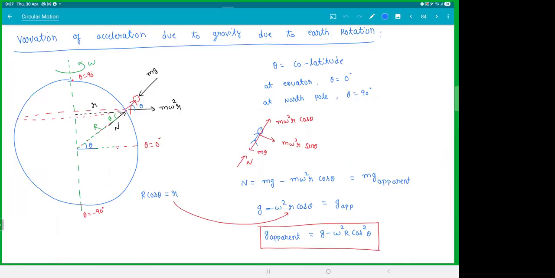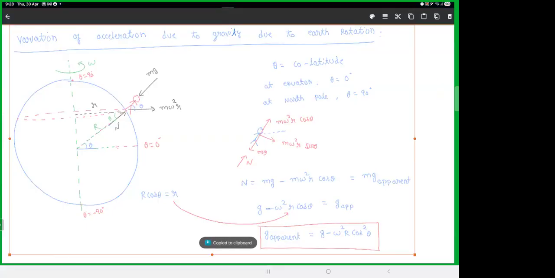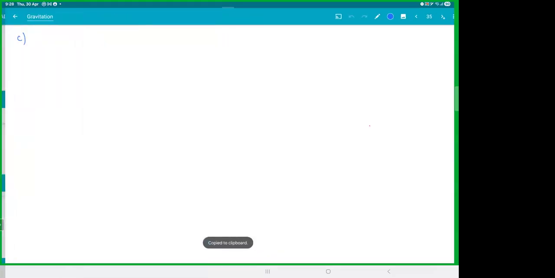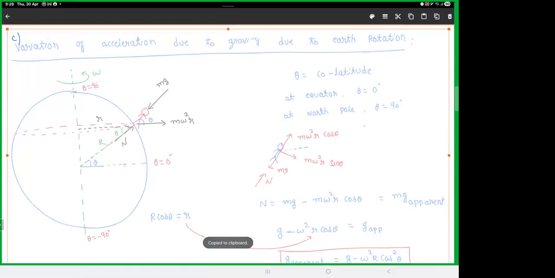If you're standing somewhere at an angle theta, you're going in this horizontal circle, the centrifugal force will be m omega square small r. So the free body diagram of the person would be this. The horizontal component of m omega square r, the other component will be m omega square cos theta, and then you end up with this. So this was the whole stuff. I'll just put it down from here. These are the three variations you should know.